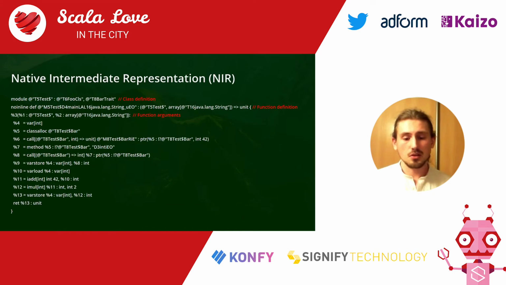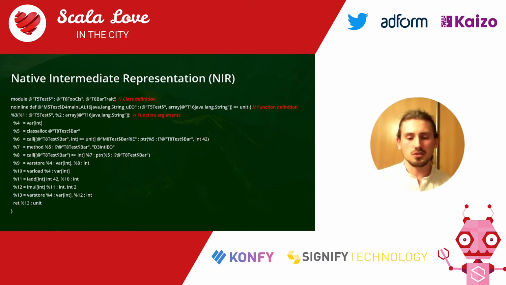And for example, if you take a look at some textual format of NIR that can be created when debugging and when some specific setting is enabled, we can look around and see what was exactly generated for given operations. Here we have some simple class, and we can see that it is an object, identified by the module identifier, but also by the symbol right here, as well as that it extends some foo class and implements the bar trait.